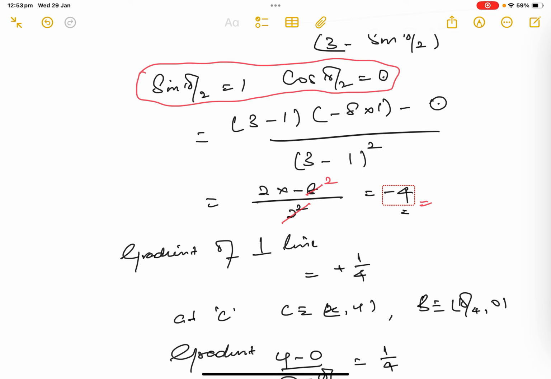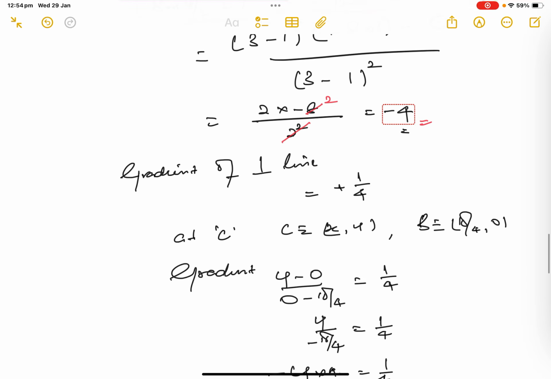So the gradient of the tangent at B. What we need is the perpendicular line to the tangent at B, so we need to do a bit more. If you have perpendicular lines, M1 and M2 being the gradients, then M1 times M2 is minus 1.